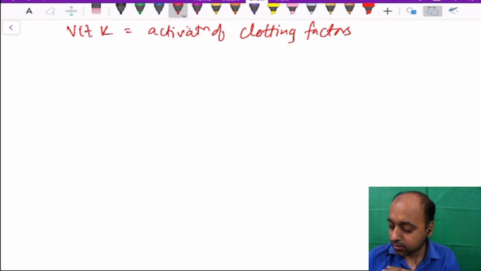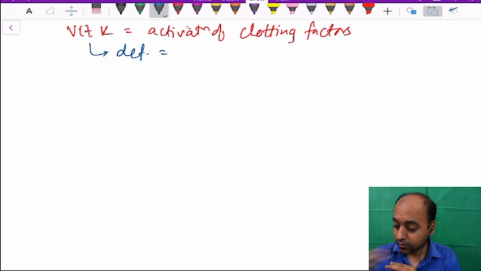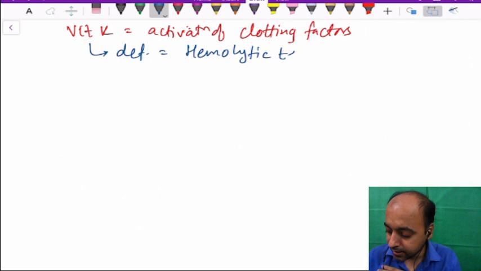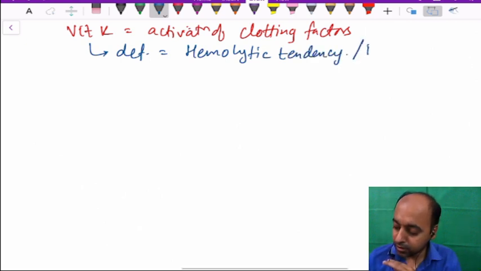This means deficiency will cause hemolysis. Rather, you can say hemolytic tendency. Commonly, we call it the bleeding diathesis.